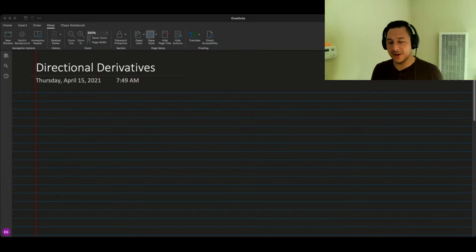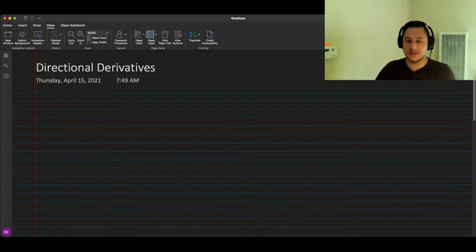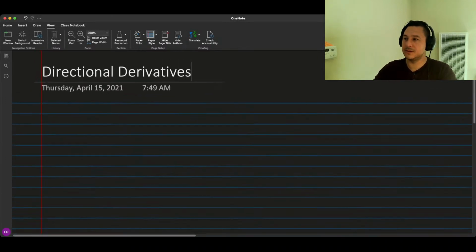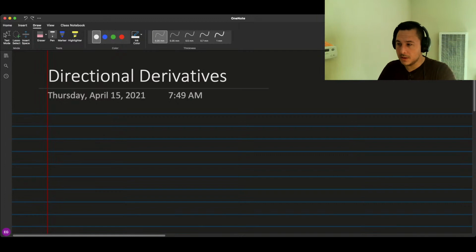Okay, so let's talk about this. Let's zoom in. 300%, there we go. Let's undraw. So one of the things that we had been discussing was that, let's say you have a function f of x comma y equals z.